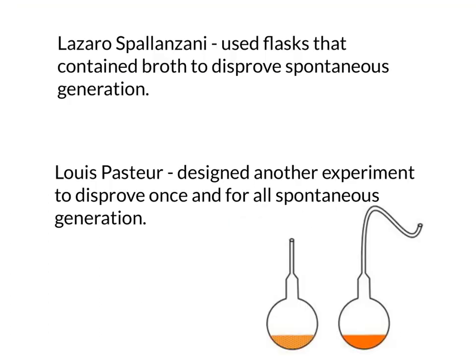So again, people didn't believe, or basically said, you just showed that, again, oxygen is necessary for spontaneous generation to occur. So Louis Pasteur in the 1800s, 1859, 1863, designed an experiment to basically put it to rest.